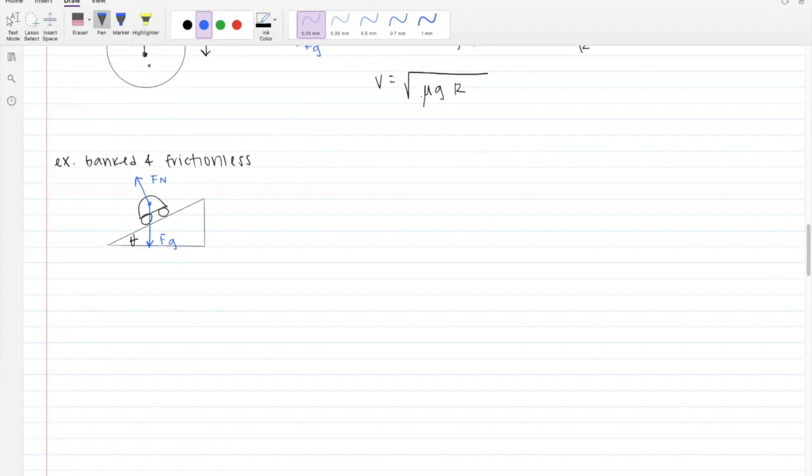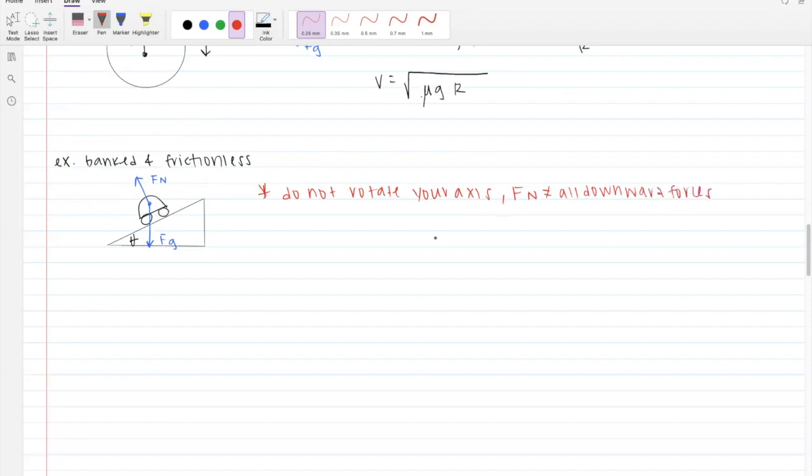Now this is very different from our kinematics and other FBD problems. Even though we do have this sort of ramp option, we have centripetal force in play here. So there are rules when it comes to this. First, do not rotate your axis. Fn, your normal force, does not equal all downward forces.